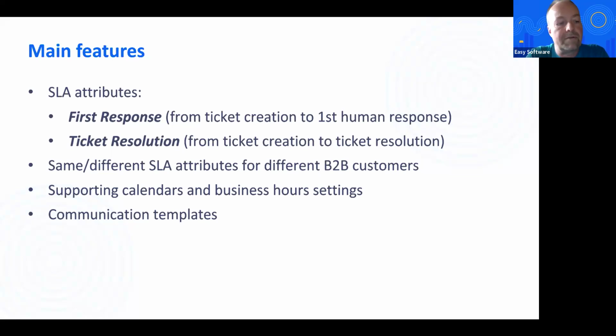If you create it by email, you get an automatic message, thanks for your email, we have created this ticket for you. But this is not the first response. This is just a machine response. The ticket is there, and sooner or later, someone will grab the ticket and start working on it. And that's the first response. Once the operator or assignee of the ticket writes you a message, hey, I'm here, I'm just starting to work on your ticket. And then ticket resolution is measured as the time between ticket creation and actual resolution of the ticket.